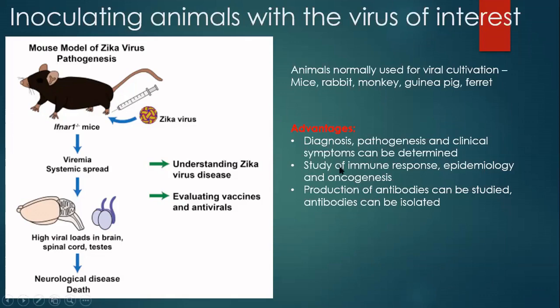We can study the immune response, epidemiology, and also if it's an oncogenic virus causing cancer, we can study the process by which it causes cancer. We can also study the production of antibodies that are produced against the virus in this mammalian system. So these are the advantages of directly inoculating animals with the virus of interest.